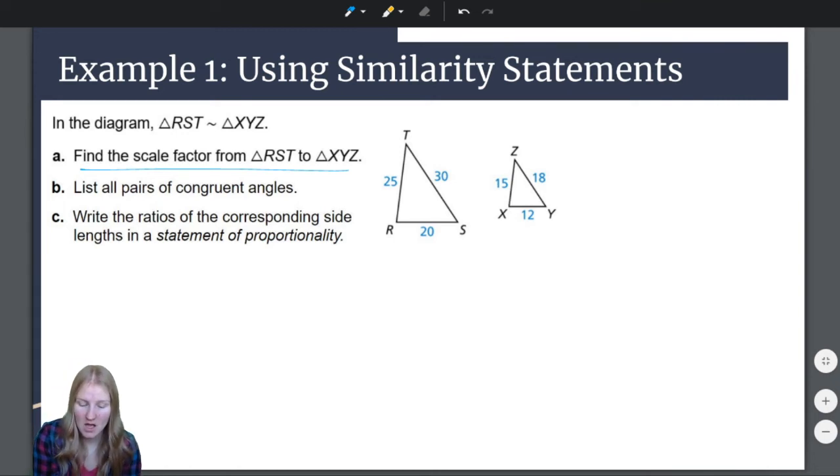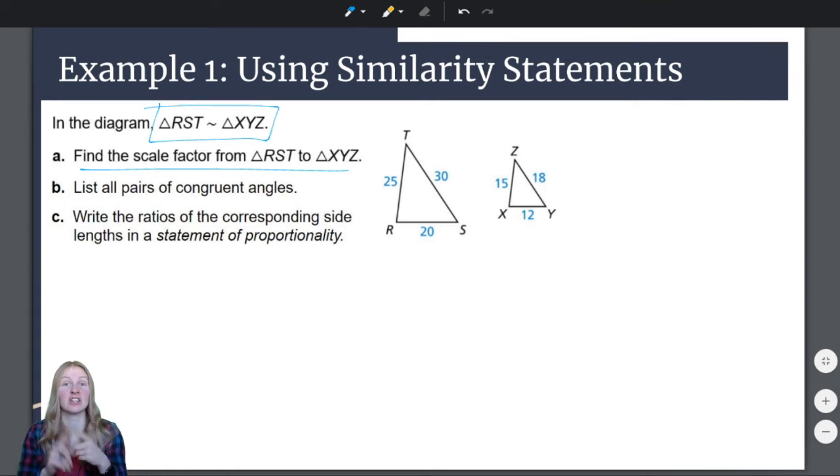Now, they told us that these shapes were similar. I don't need to check and make sure that they're similar. I know they're similar. I know side lengths are proportional.